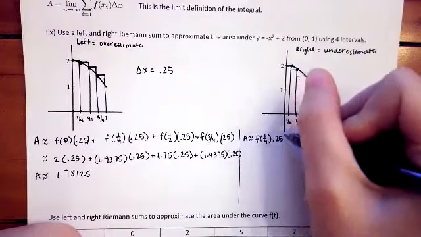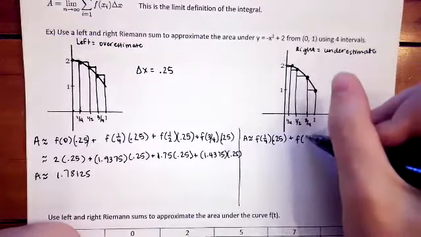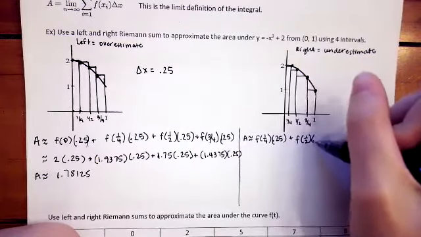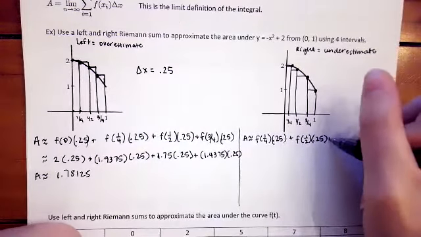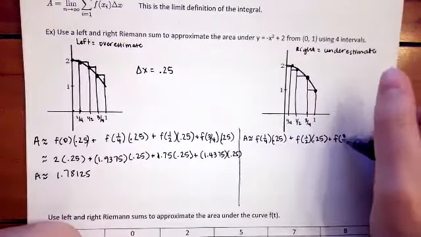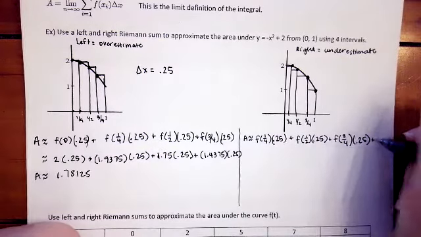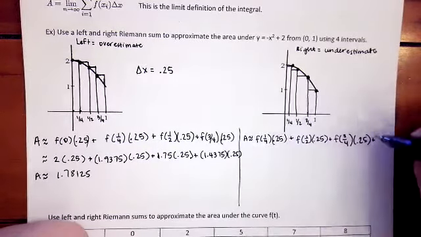I have the same width of 0.25. That did not change. My second endpoint is at 1/2. My third endpoint is at 3/4. My fourth endpoint is at 1.